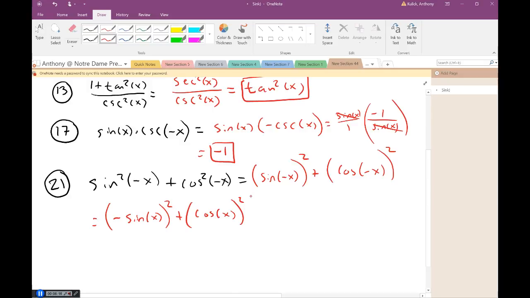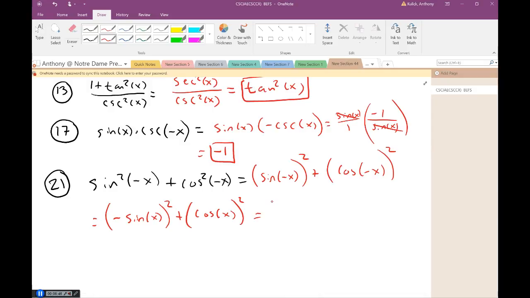Everybody okay there? And what is negative sine x squared? If you look at the odd-even identity for cosine, cosine of negative x is just cosine. So it appears that I'm missing one, but not according to the identities that we proved yesterday in the identity sheet that we have there.